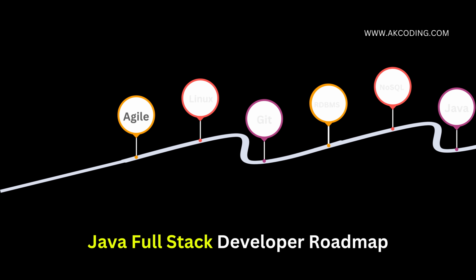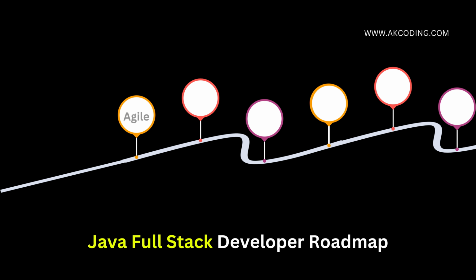Number one, Agile development practices. Agile is a mindset and methodology focused on delivering software iteratively, collaboratively, and adaptively. It prioritizes customer feedback, working software, and flexibility.